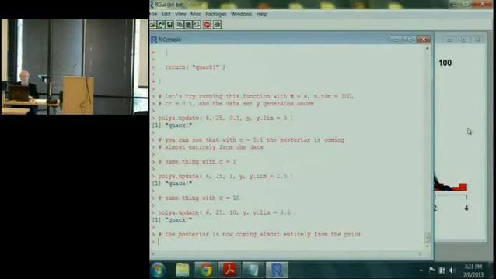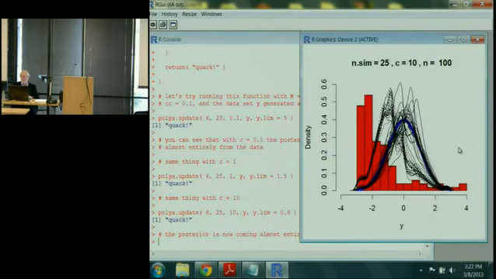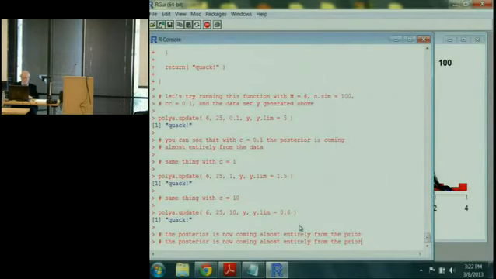Now I ran it over again with C equals 10, and now you see that actually we would have needed to go even farther, wouldn't we have? The prior draws are there. The data draws are trying harder to be draws from the prior than they were before, and I think we could certainly run it again with C equals 50. Let's see what happens then.